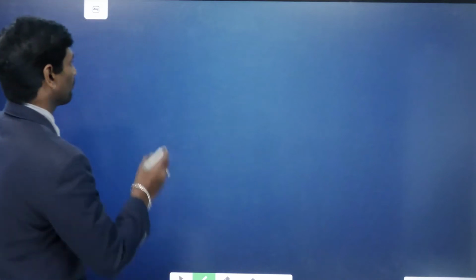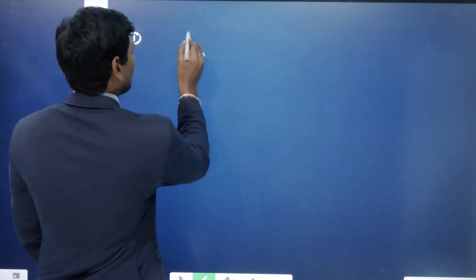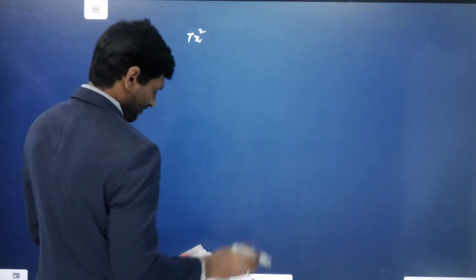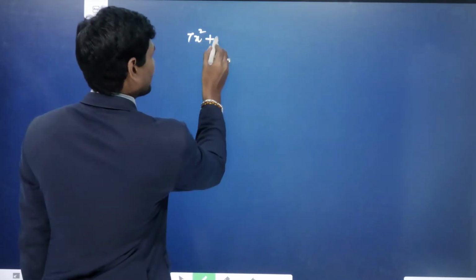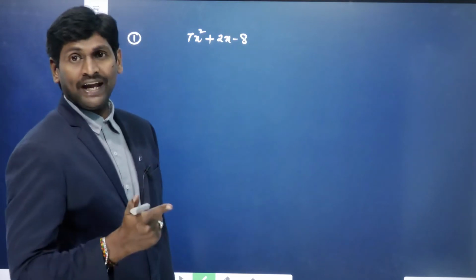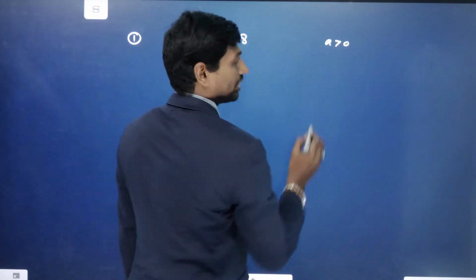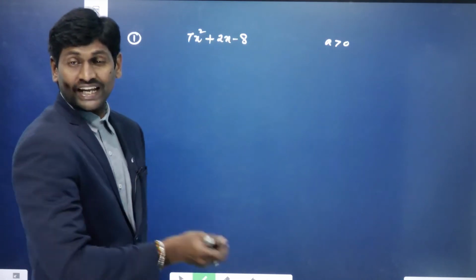First one, we need to find the minimum value of the expression 7x square plus 2x minus 8. Minimum or maximum value we have already discussed. If a value is greater than 0, what is a? A is nothing but the x square coefficient.